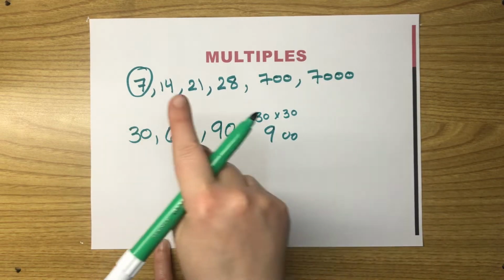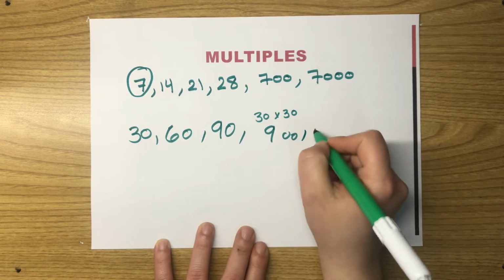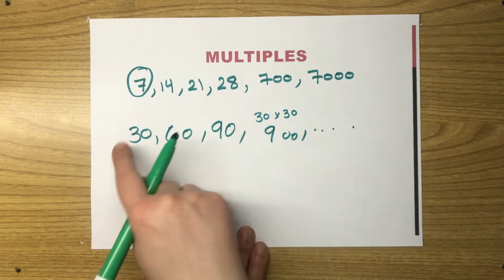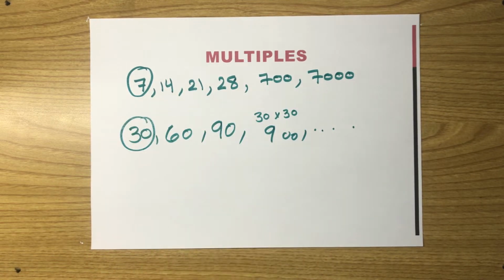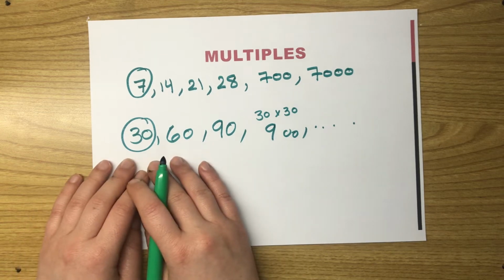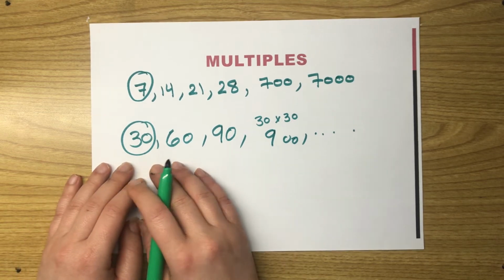So 30, 60, 90, 900, and a lot of numbers are multiples of 30. Okay, this is a little bit of a hard one. I just wanted to mess with you.